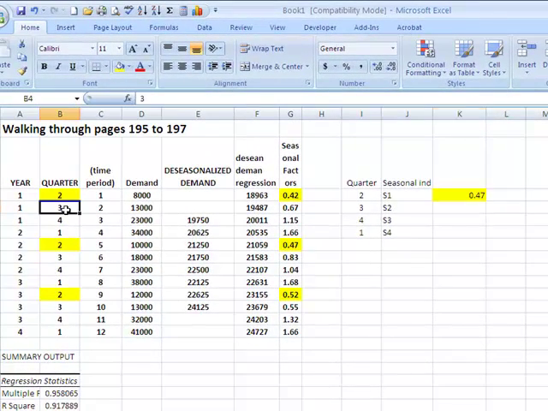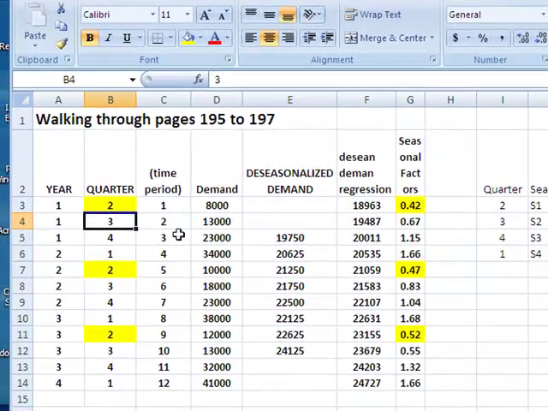Now let's see, quarter 3 is matched up with 0.67, 0.83, and 0.55.